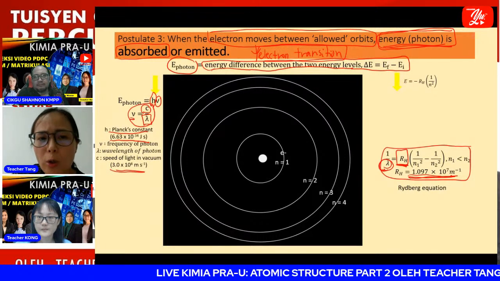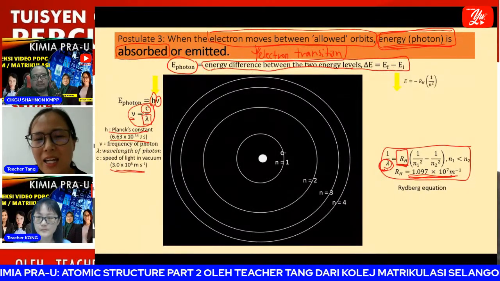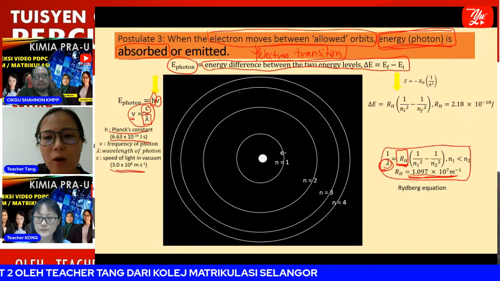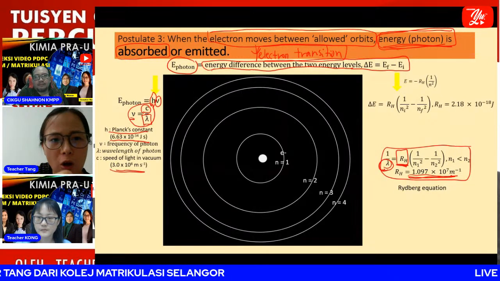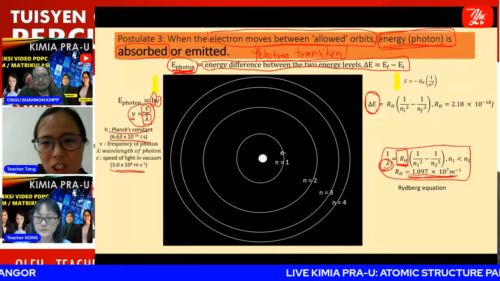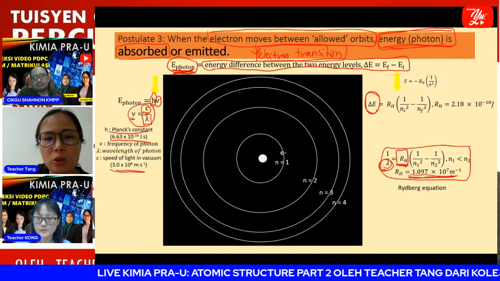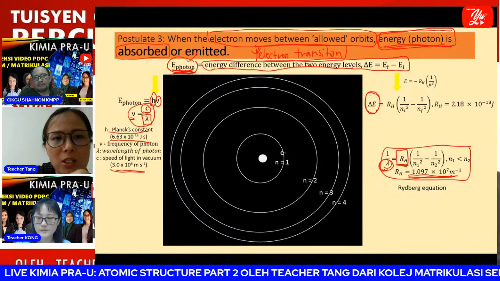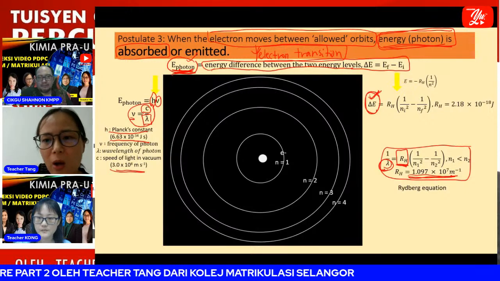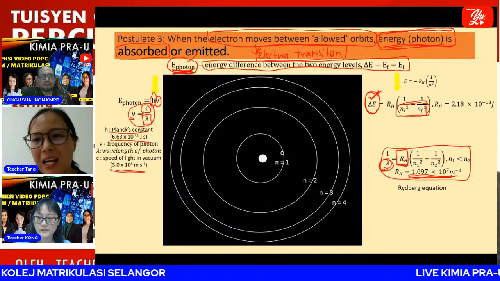Just now I told you that the energy of the photon must equal the energy difference between the two energy levels. Therefore, if we know the energy of the photon, we know the difference in energy between the two energy levels, and then we can determine the electron transition between the energy levels.